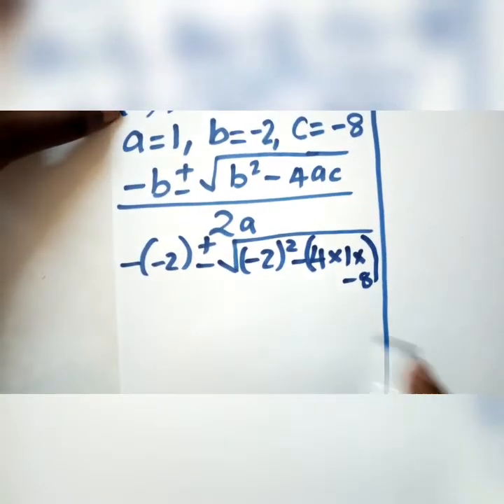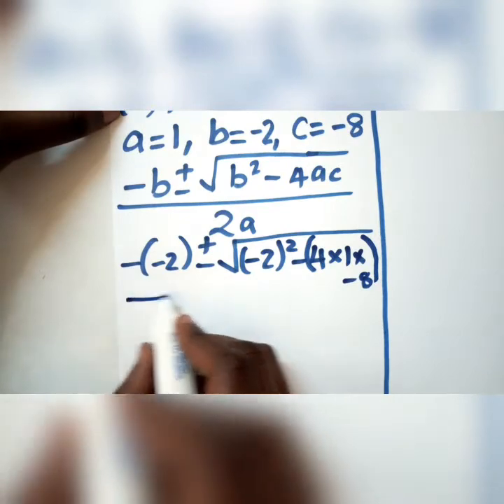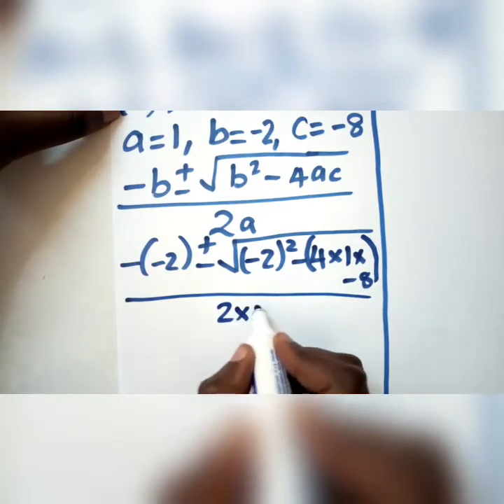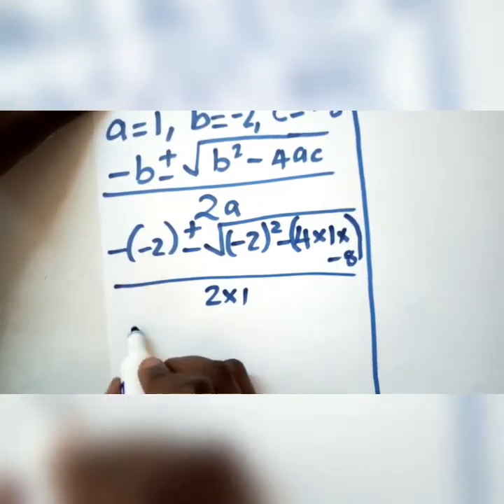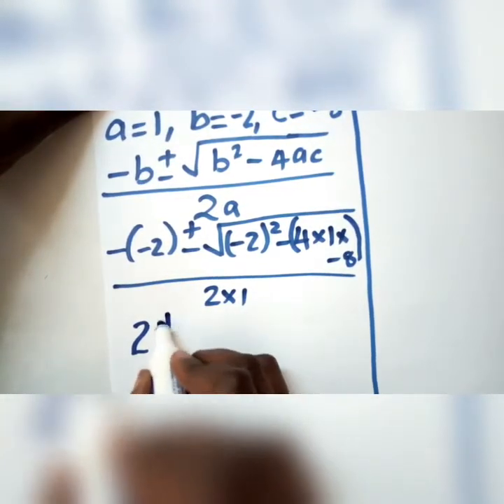Okay, now everything divided by 2 times 1. Okay, so when you have minus and minus, that one becomes positive, plus and minus.